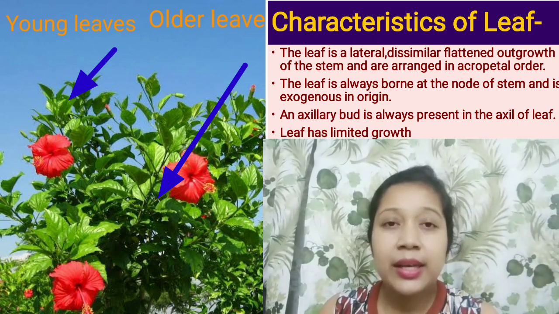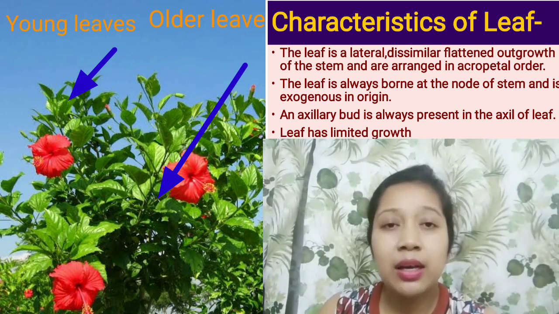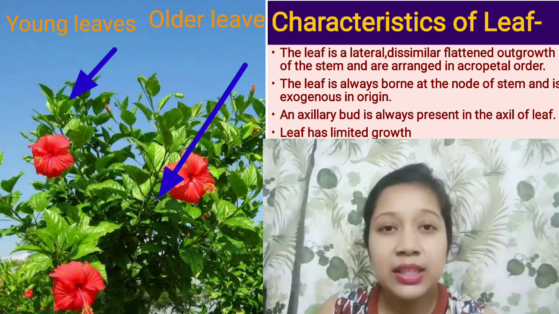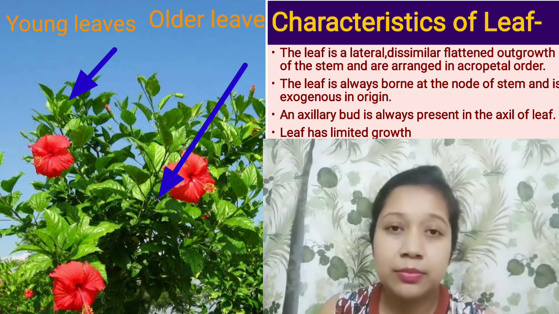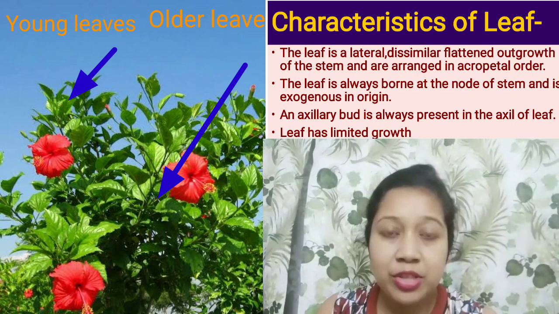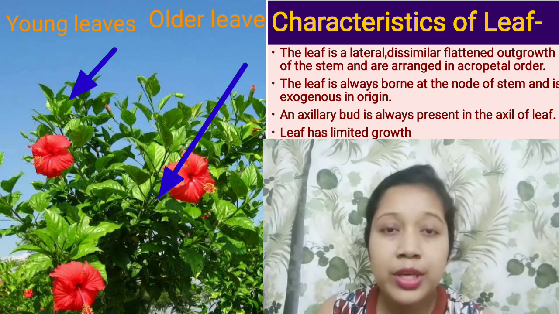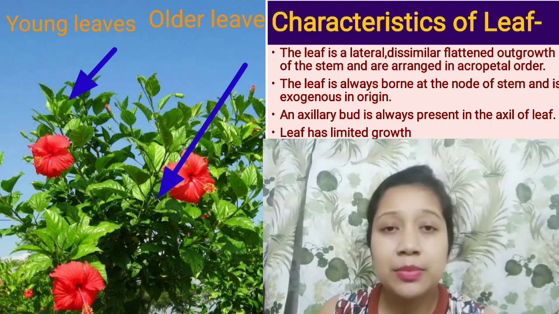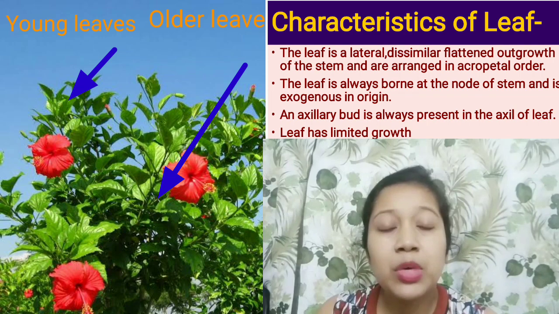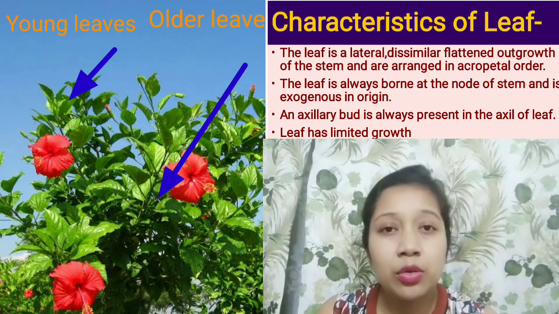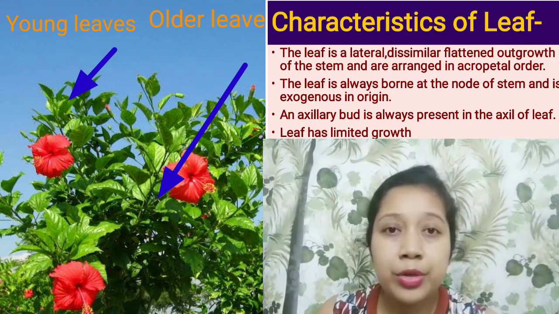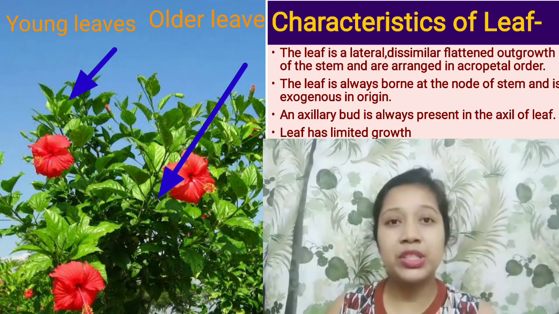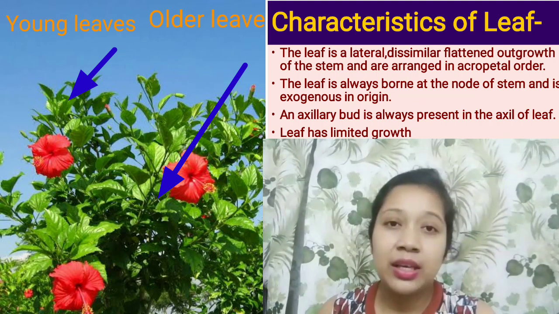The buds are present towards the tip of the stem, and it bears the young part. So this arrangement, where the older leaves are towards the lower side and the younger, newly formed leaves are towards the upper side, is called acropetal order or acropetal succession. So leaves are always formed in acropetal succession.